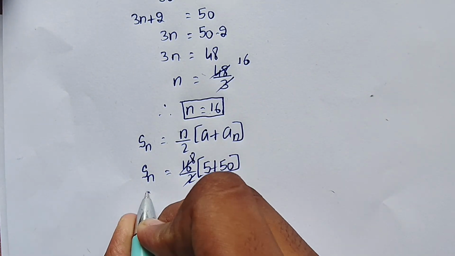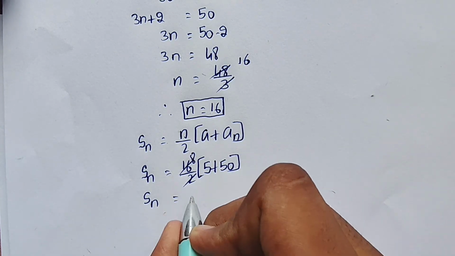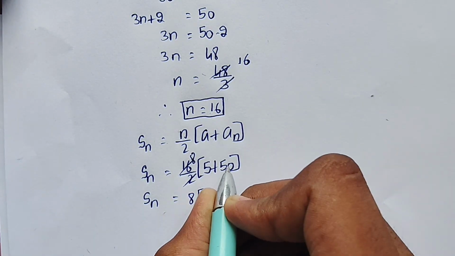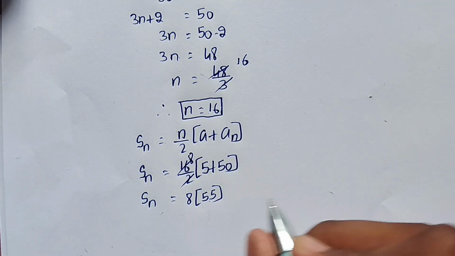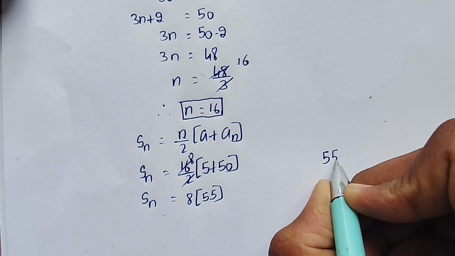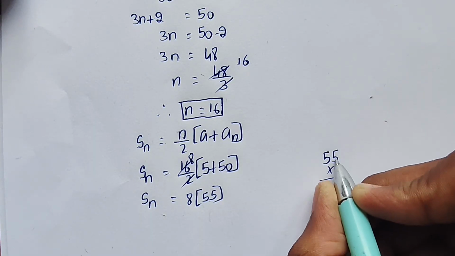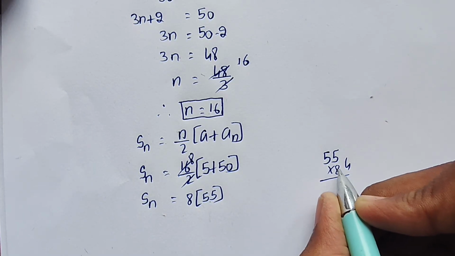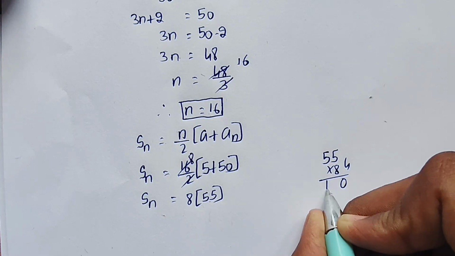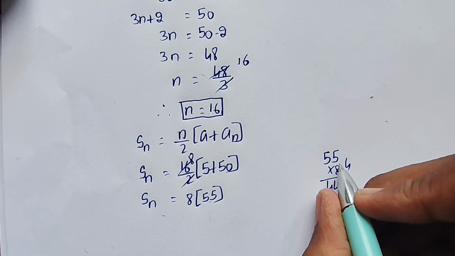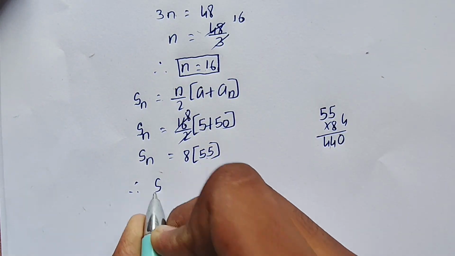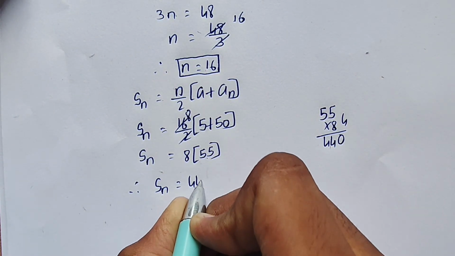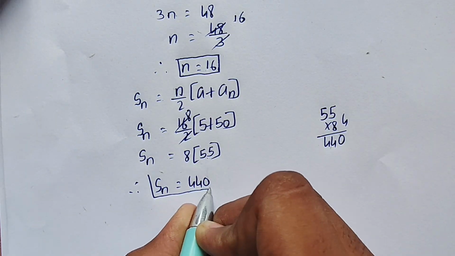So the sum of n terms is equal to 8 into 55. So I'm multiplying 55 into 8. 8 fives are 40, 8 fives are 40, plus 5 fives are 40 plus 4, 44. Understand? So therefore we got the sum of n terms equal to 440.